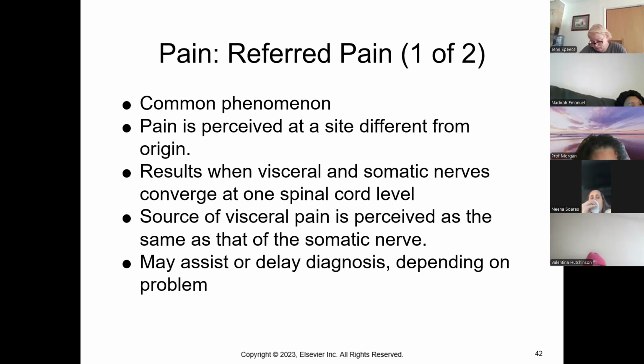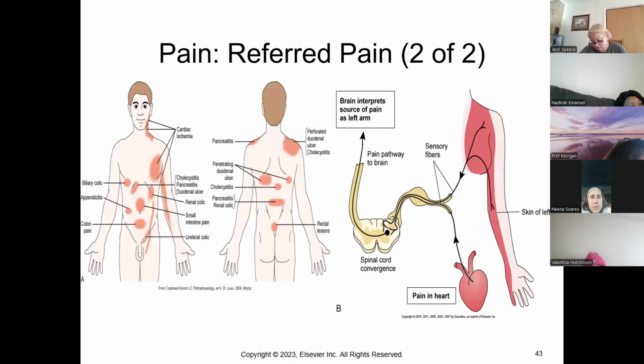It happens when visceral and somatic nerves come together at one spinal cord level, and the source of the visceral pain is perceived as the same as that of the somatic. All right, so this is just showing you some examples of referred pain.